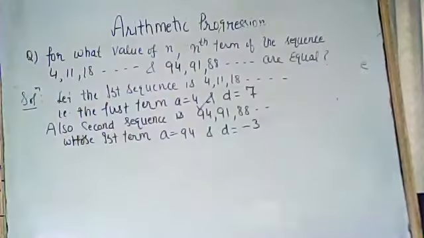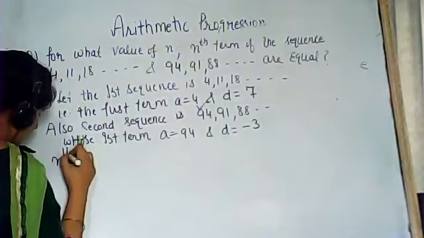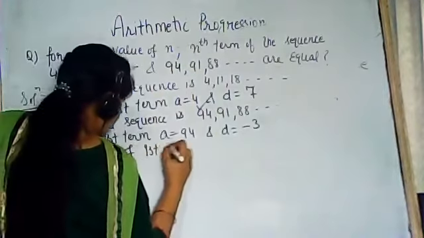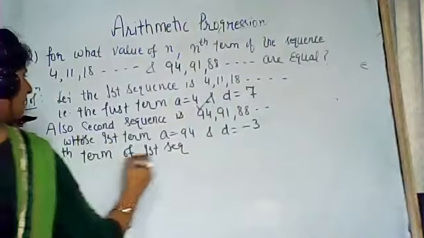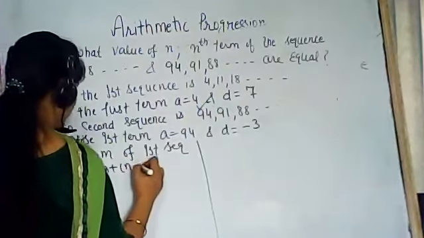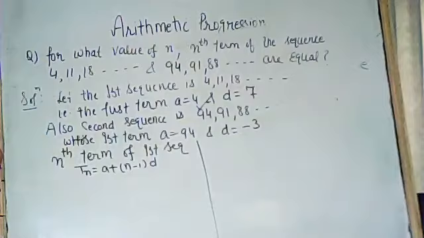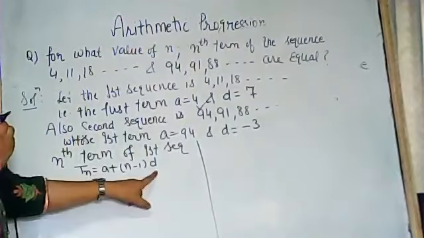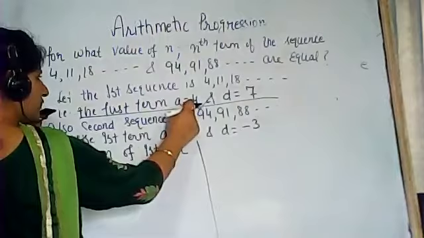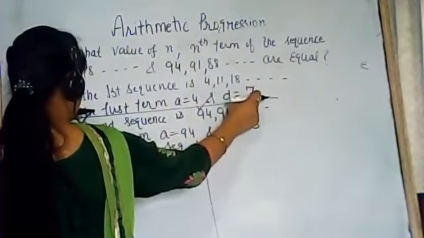Now, nth term of the first sequence. So beta, what is the formula for nth term? Tn is equal to a plus n minus 1 into d. Now, what is the value of a and d in case of first sequence? The value of a is equal to 4. And what is d? This is equal to 7.